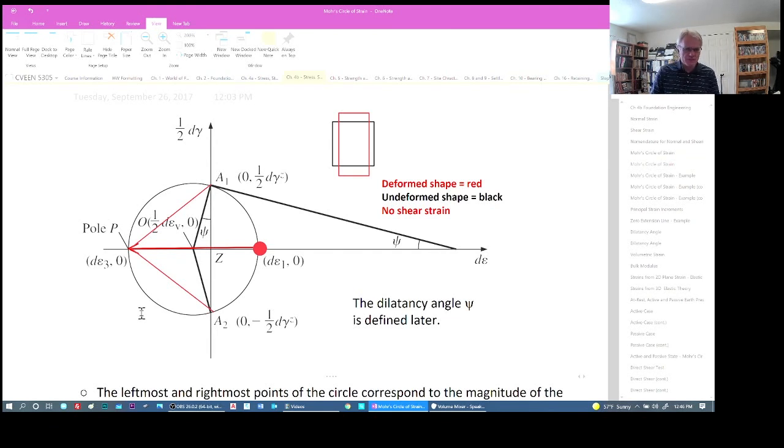Now, notice this diagram has no angular distortion. There aren't any changes in the angles, so it's solely a compression in one direction and elongation in the other direction. So that's why these are principal strains, because there's no shear strain occurring. So these both plot where the shear strain would be 0.